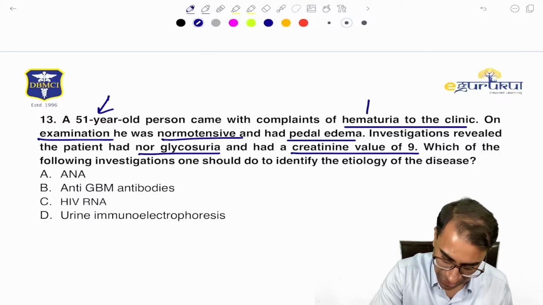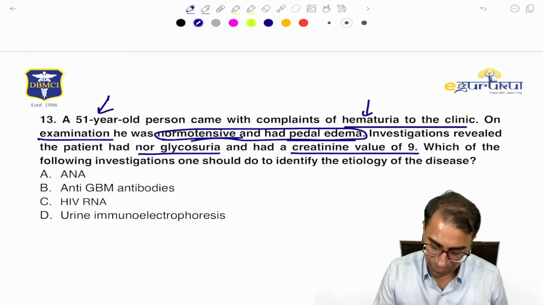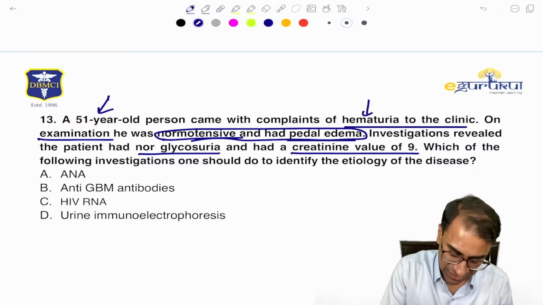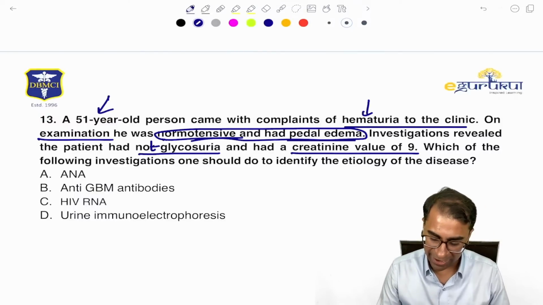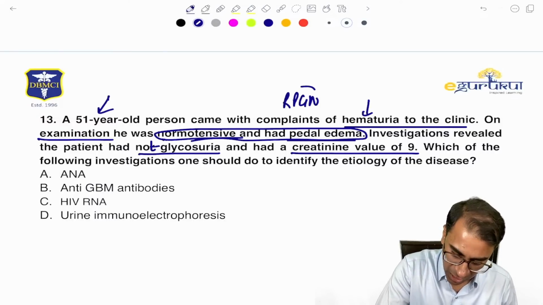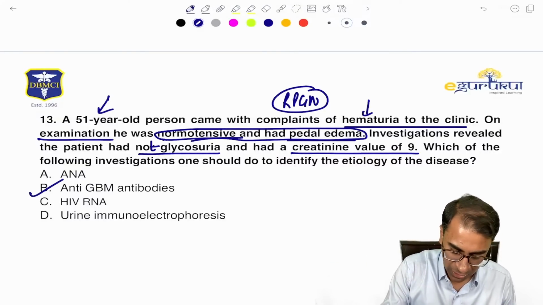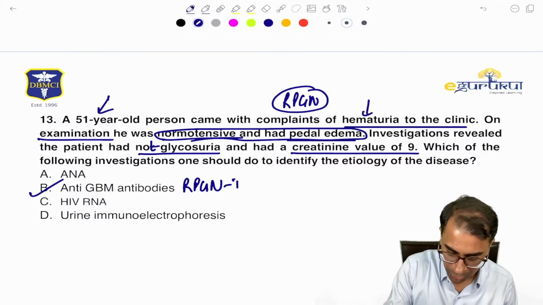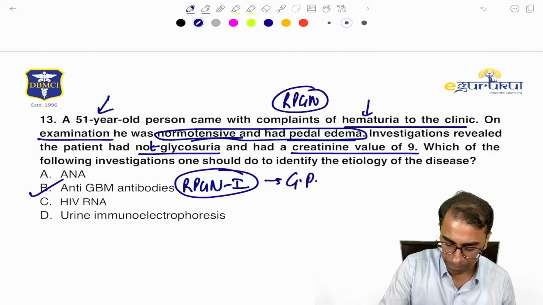This patient has hematuria, is normotensive with pedal edema, and creatinine has gone to 9. So this is a case of RPGN. Among the options given, the one that will help diagnose RPGN is the first one. It causes RPGN type 1. It will become a case of RPGN type 1. It's Goodpasture syndrome.